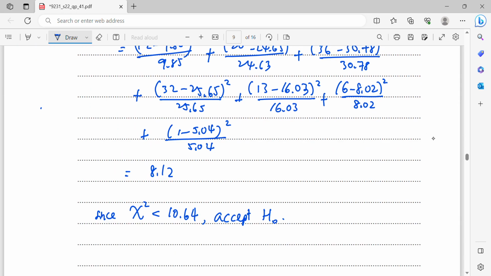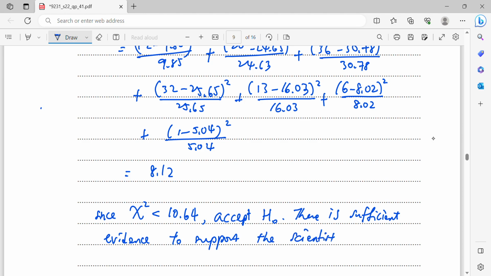So you write in a proper way: there is sufficient evidence, because the scientist's claim is the H naught, to support the scientist's claim. Right? So this is the goodness of fit test.